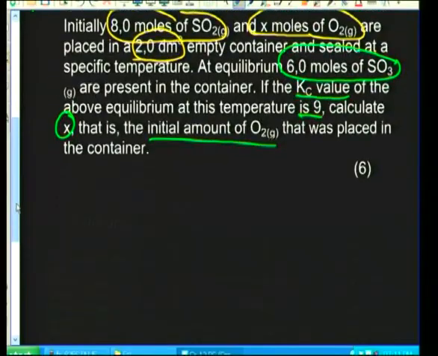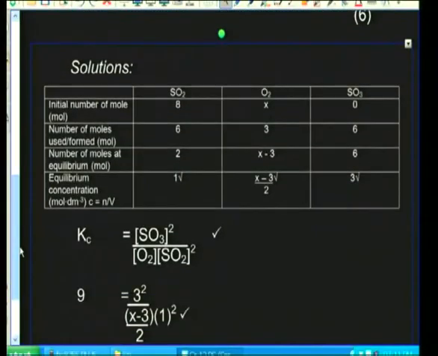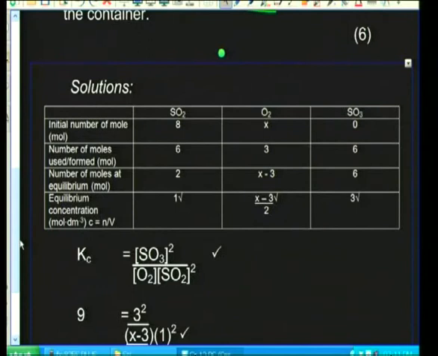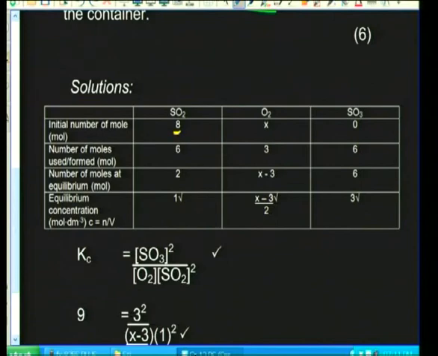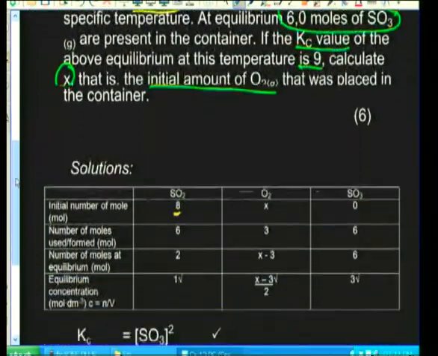Again, lots of information. I think it's wise to put this in a table as we answer these questions. So, once more, I've got an initial row and I'm going to put all the information into my table. We had 8 moles of sulfur dioxide, 8 moles there from the information.